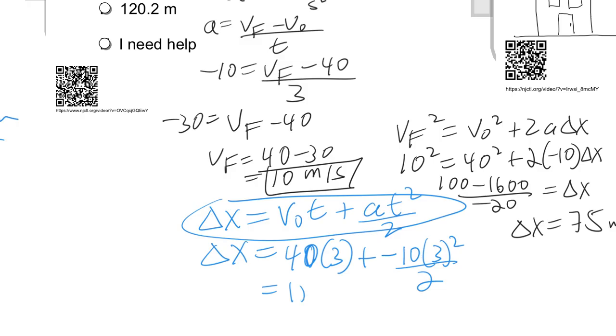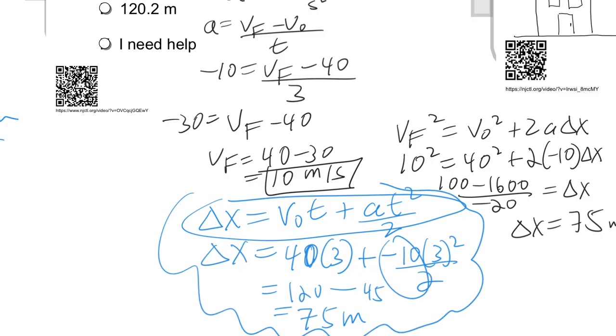Equals 120 minus 5 times 9. 5 times 9 is 45. 120 minus 45 comes out to be 75. So this would have been the easier way to do it.